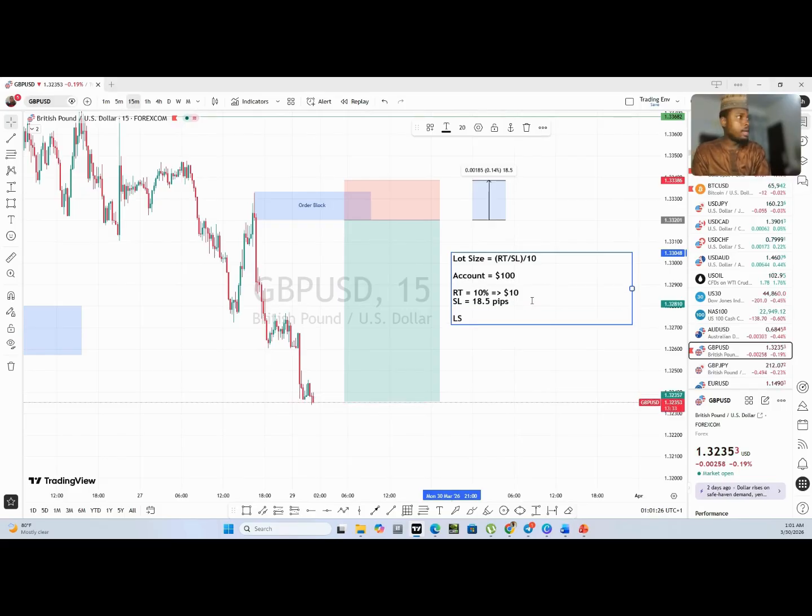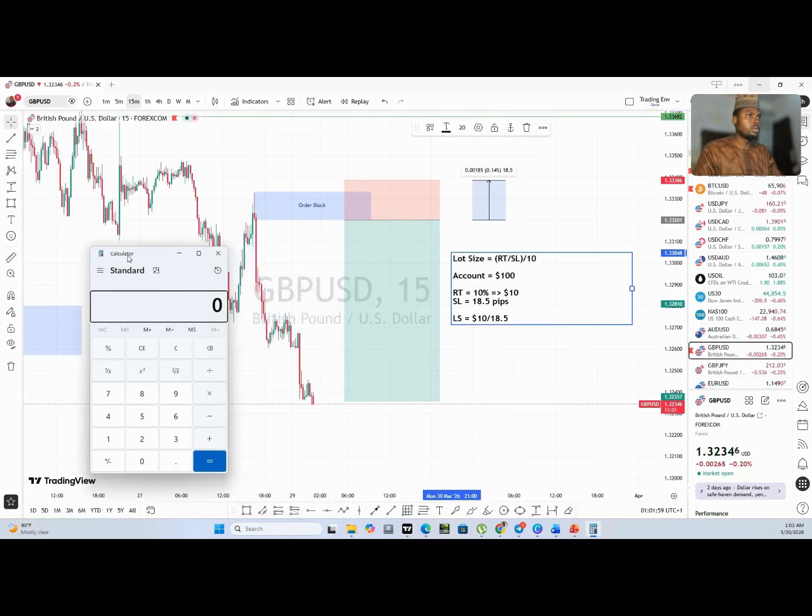So loss size is equal to, let's say, $10 divided by 18.5. Let me use my calculator.